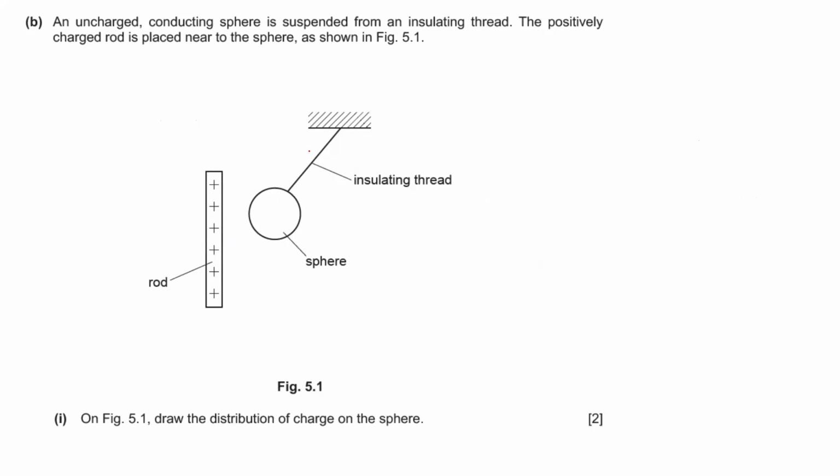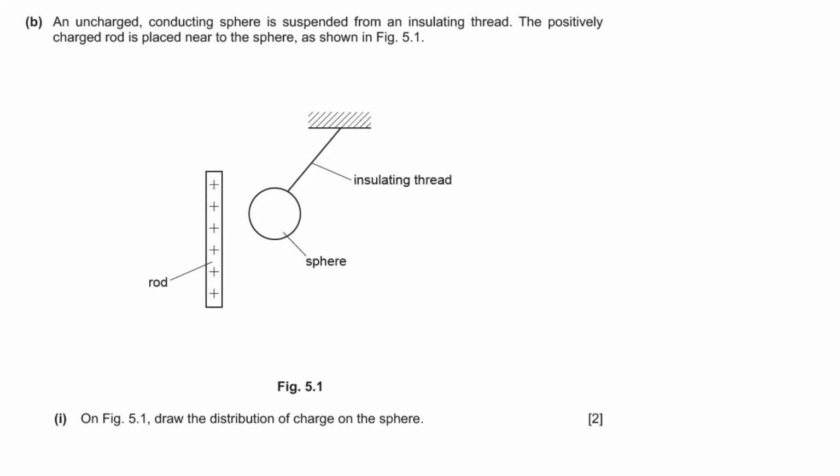Next part, Part B. It says an uncharged conducting sphere is suspended from an insulating thread. The positively charged rod is placed near the sphere as shown. On figure 5.1, we have to draw the distribution of charge on the sphere. So remember, what happens here is electrostatic induction. This positively charged rod induces negative charges on this side of the sphere, whereas the positive charges move to the right side of the sphere.